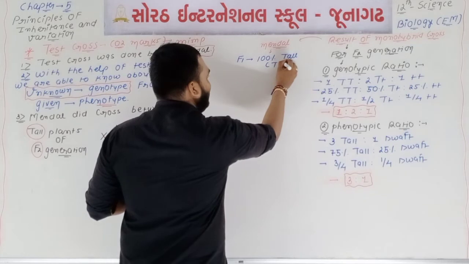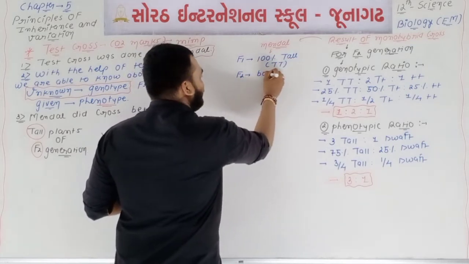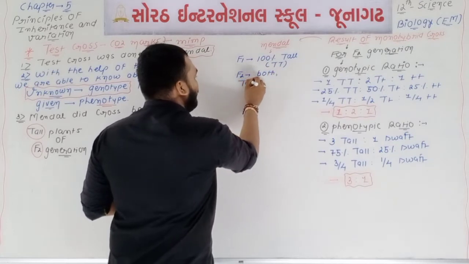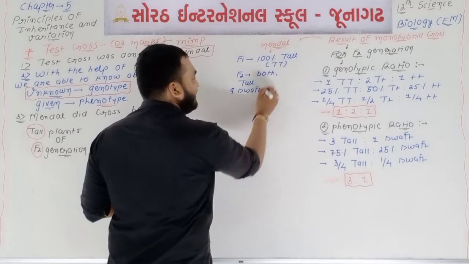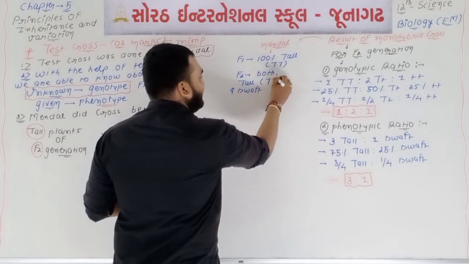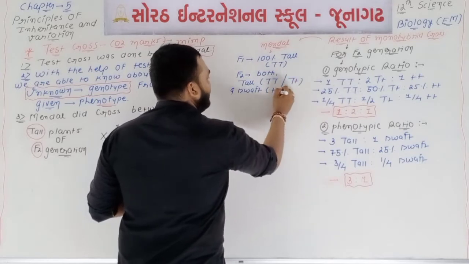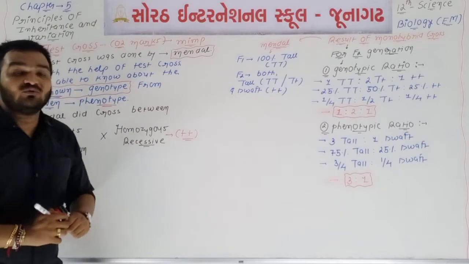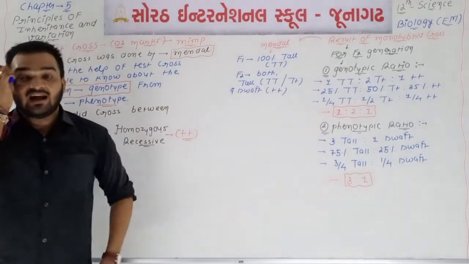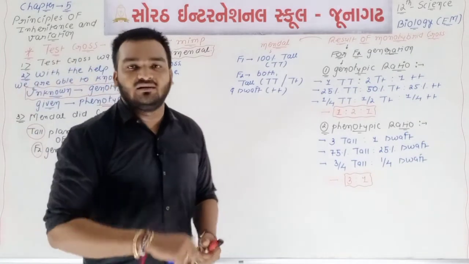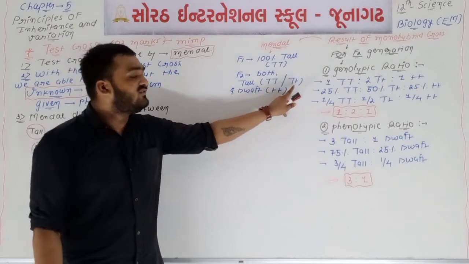Means capital T. While in F2 generation both tall and dwarfed plants were there. Tall means capital T capital T and capital T small t. Dwarfed means small t. So according to this result, tall means capital T capital T or capital T small t. Okay, see, it is homozygous dominant. It is heterozygous.